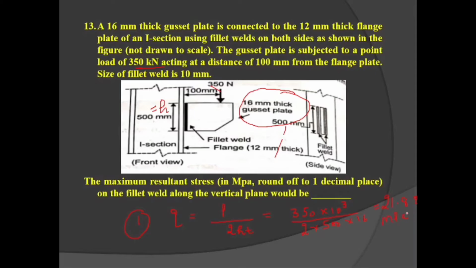Now one value is okay. Now we have to calculate the bending stress also, according to the flexure formula. F is equal to M divided by section modulus, M divided by Z. Z is equal to I by Y maximum. So here moment is basically force into eccentricity.